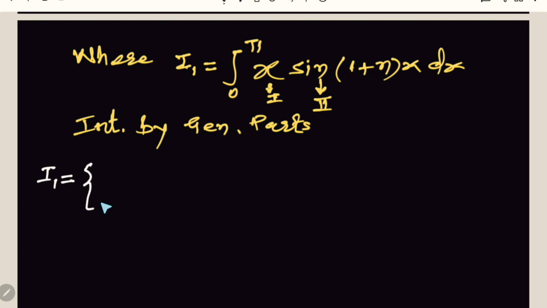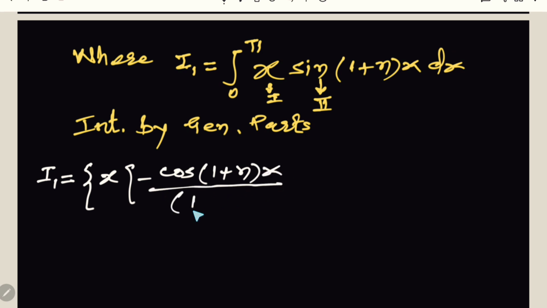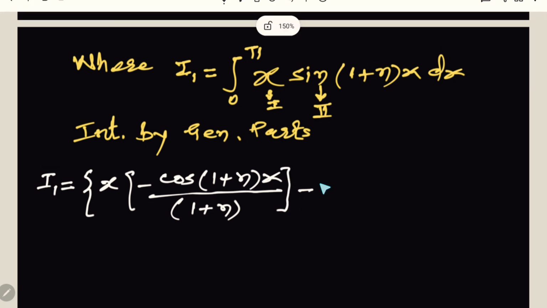First term x, then integration of second means integration of sine as minus cos of 1 plus n times x and whole divided by 1 plus n, minus derivative of the first term, derivative of x is 1.